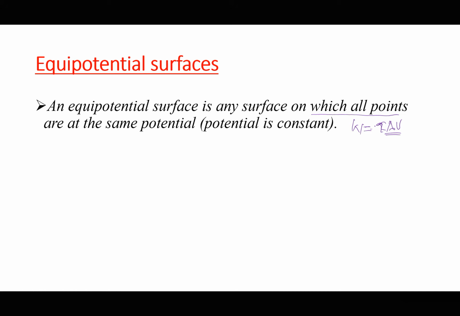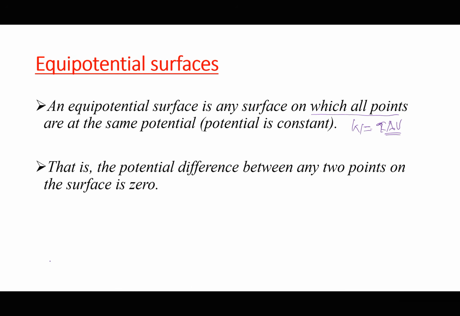An equipotential surface has points on the surface where all points are at the same potential. So the potential difference between any two points on that surface is going to be zero. That is, delta V is always zero.